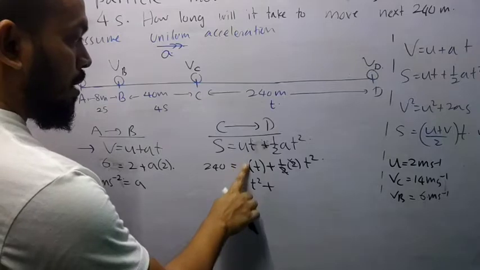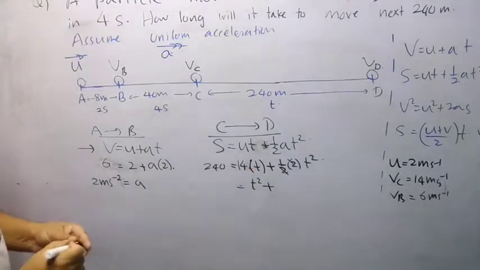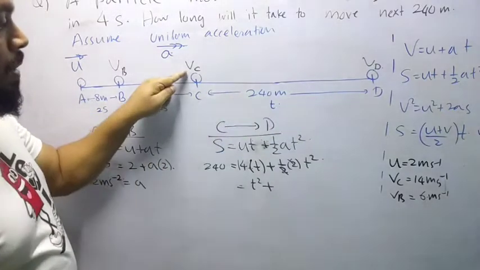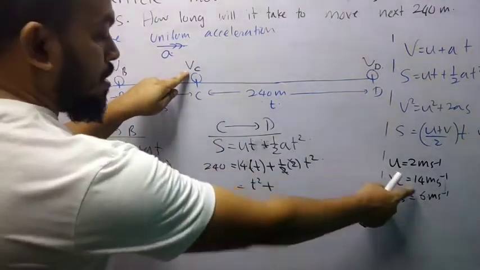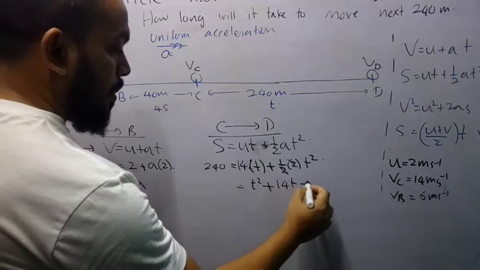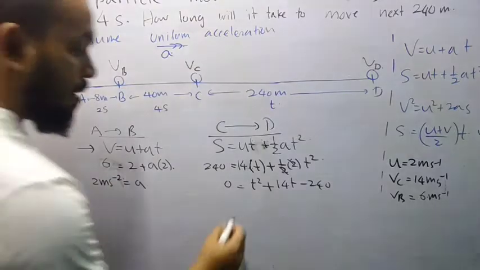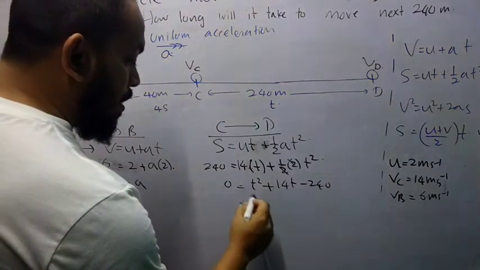It should be 14, because we are going from C to D. So VC is our initial velocity, which is 14. Right. Now this is a quadratic equation. We can factorize this.